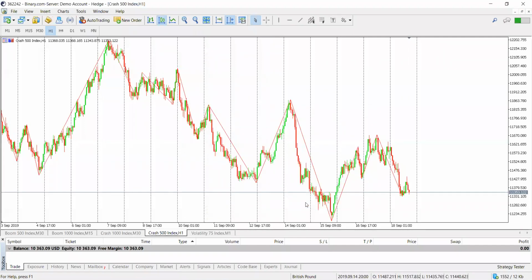This indicator is showing us the movement, where we've got a trend going up, and then we've got a reversal here, because now this trend is going to be a downtrend.